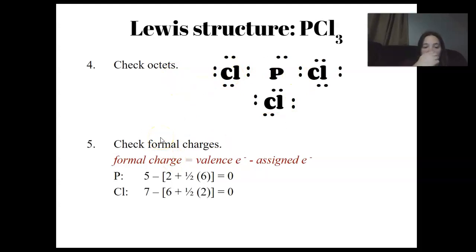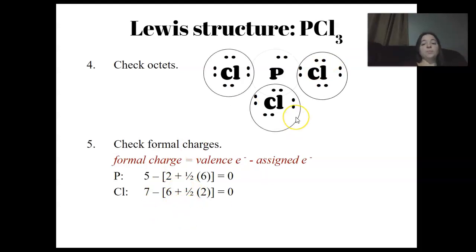Check the formal charges again. So this does 5 minus 2 plus half of 6. 2 plus half of 6 is 5. That equals 0. There's 6, 1, 2, 3, 4, 5, 6, 7, 8, 9. I'm trying to think of how that works out. Don't worry, we'll figure this out in class.